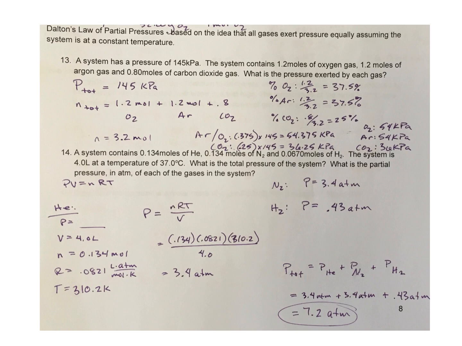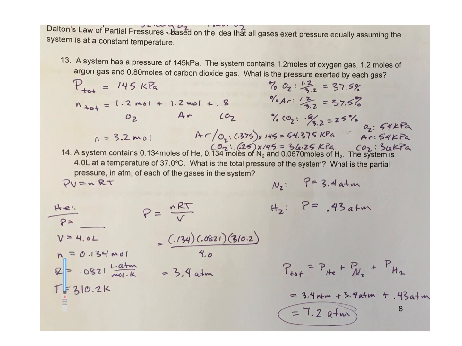Question 14 asks us to calculate the total pressure of the system and then the partial pressure in atmospheres of each of the gases. And so it's really helpful if we start by identifying the variables given in the problem. So if this is the amount of helium, and this is the amount of nitrogen, and this is the amount of hydrogen, you can start by identifying for helium.